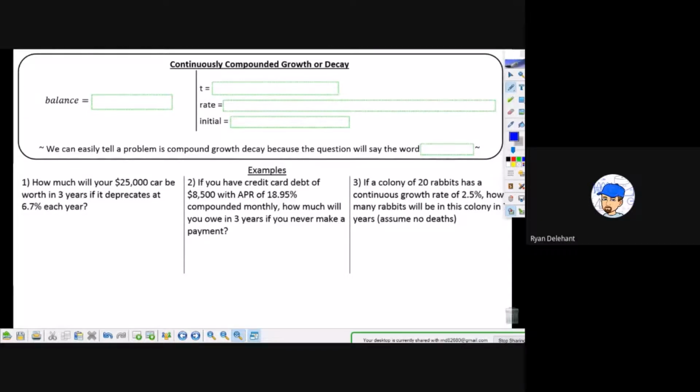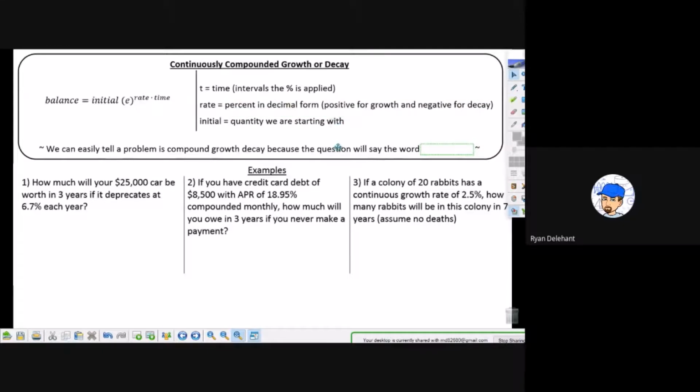Now, continuous, we deal with continuous. We have a special number. It's kind of like pi. You get initial, this base of E, rate times time. All these other things still stand for what you expected them to. Time is still time, rate is still the rate.